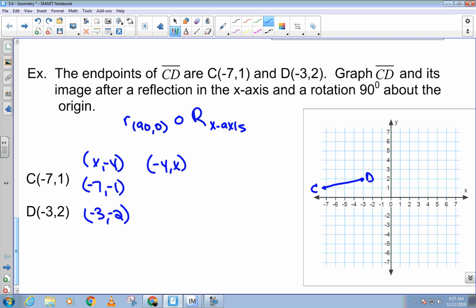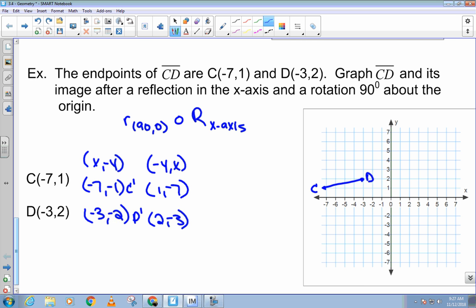That's the reflection, right? Then we take those 2 points and we rotate them 90 degrees, which means you change the sign of y and then switch. What does that become? 1, -7, and 2, -3. Okay? So this is going to be my C prime and my D prime.